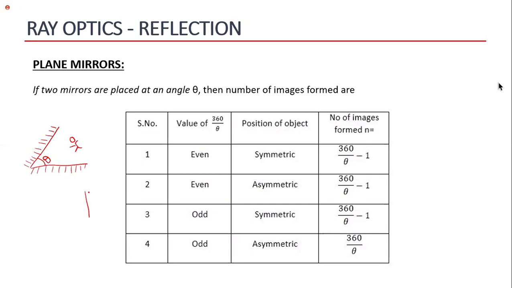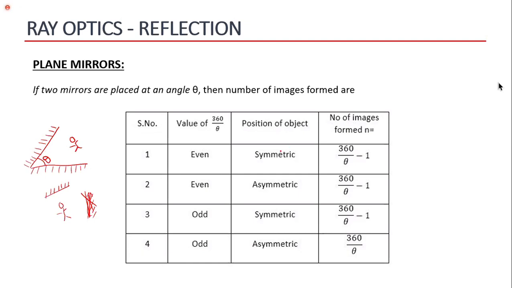If there is one plane mirror and you are standing like this, how many images are formed? One image. If there is a mirror like this and you are standing like this, how many images? One image. But now if I combine these two mirrors and place them at an angle theta, how many images are formed?